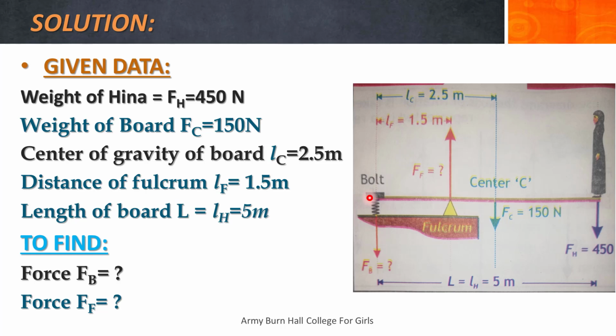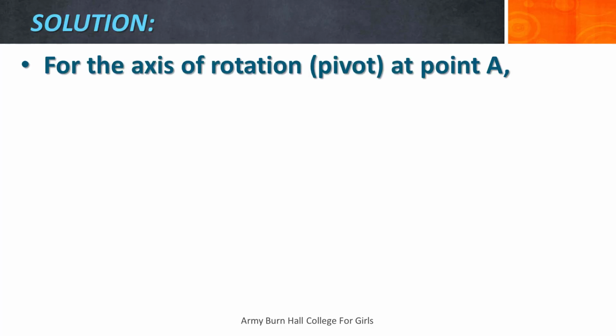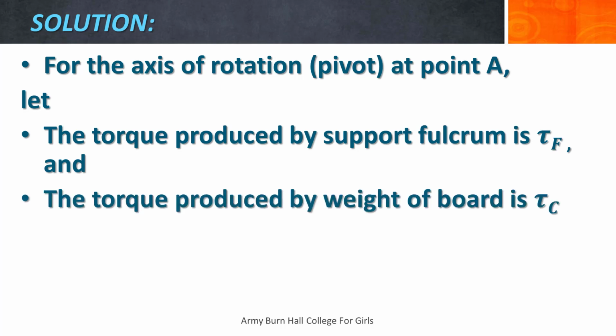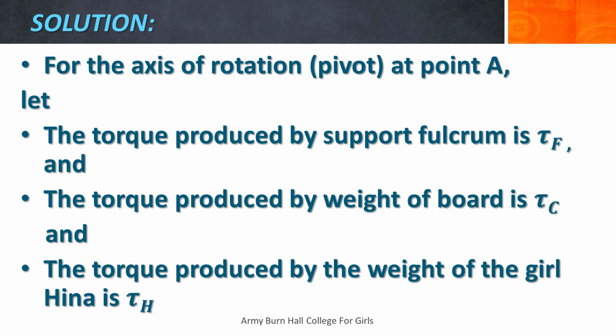So right now we are considering this bolt as the axis of rotation, the pivot point at A. Let the torque produced by the support fulcrum be tau F, the torque produced by the weight of the board be tau C, and the torque produced by the weight of the girl Hina be tau H.